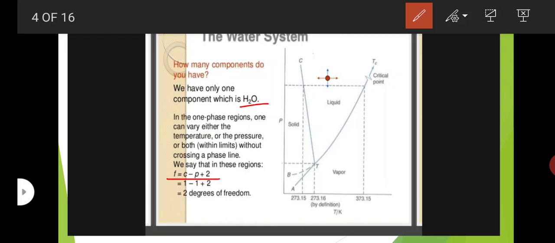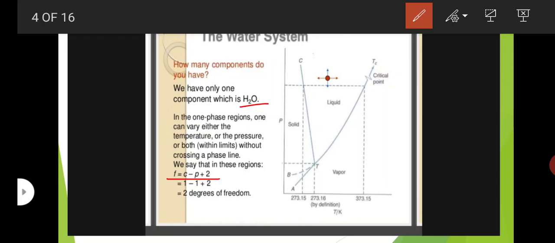Here we have to calculate the degrees of freedom, that is F. So F is equal to C minus P plus 2. Water system is a single component system, so C value is 1, and P is the number of phases.